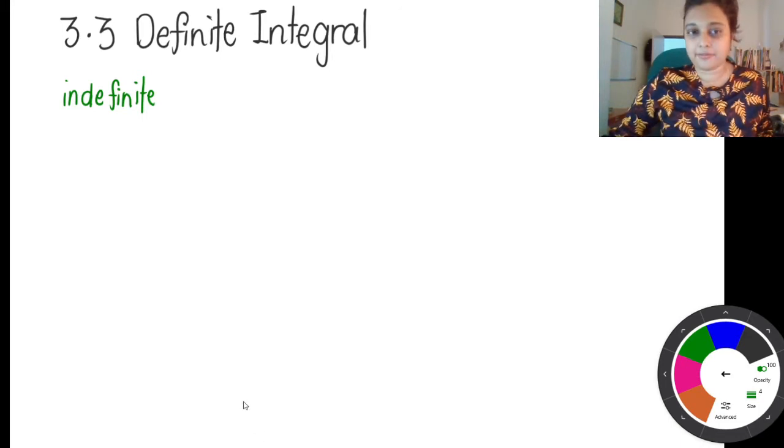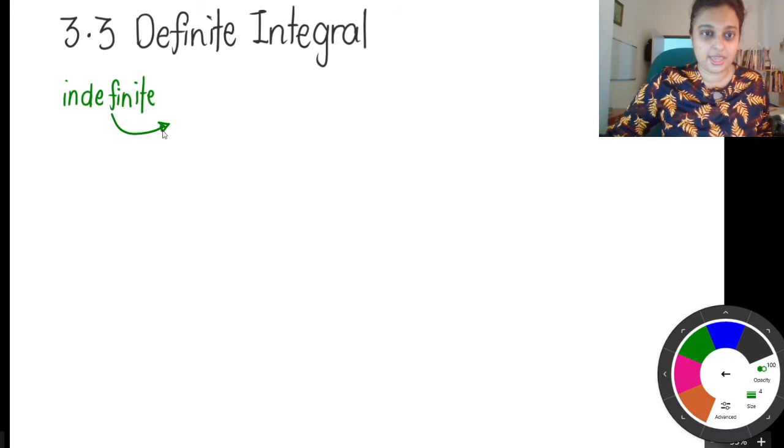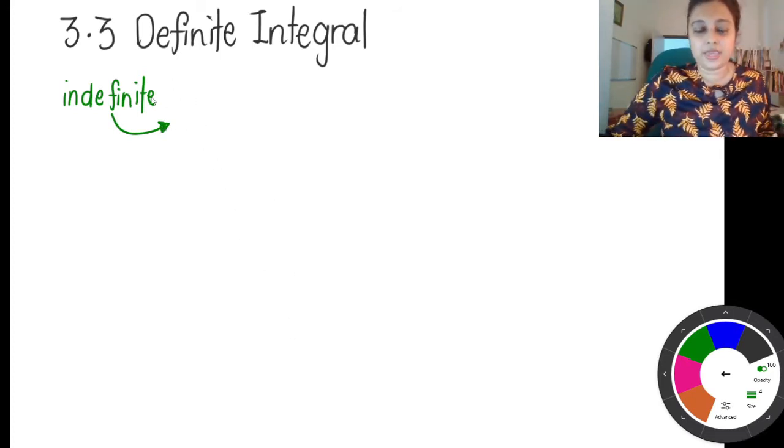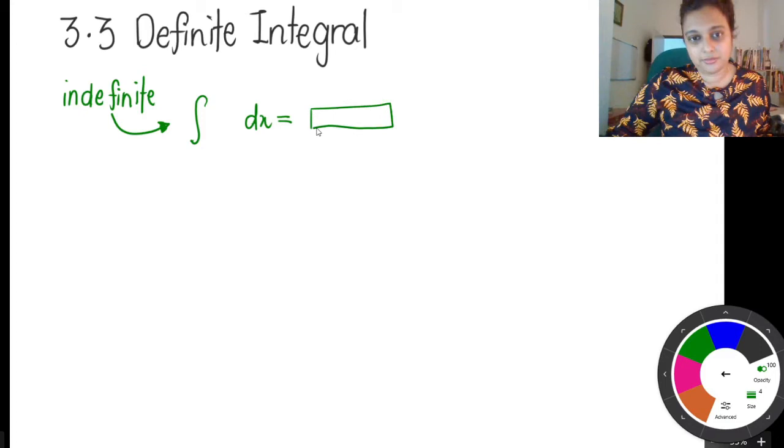So, indefinite integral, which we learned before this, I might post the link up here or you can search in my playlist. Indefinite means when you do the integration, you will get your answer equals to an equation. You'll get the numbers and all, plus c.